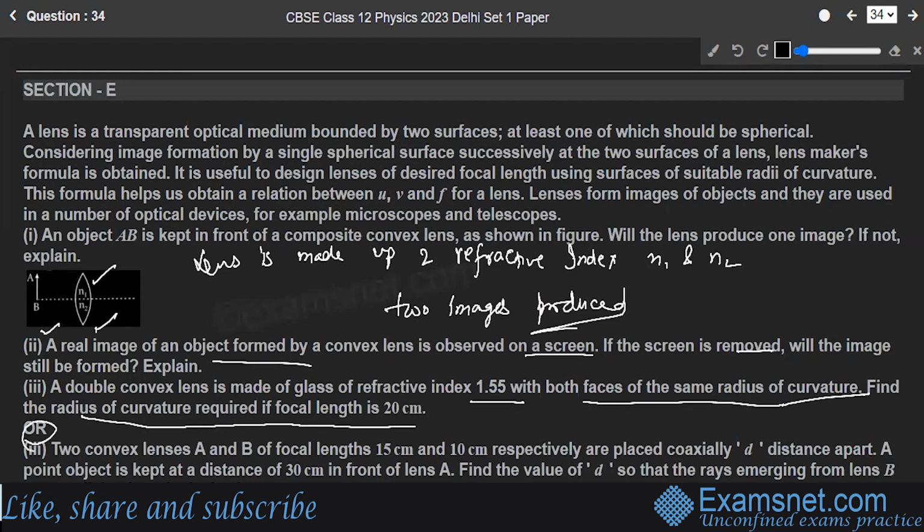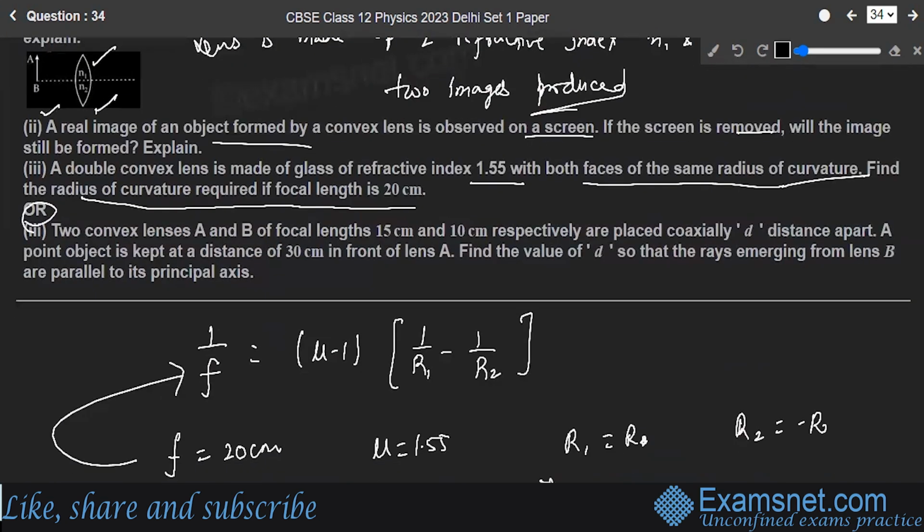Again, there is a choice in the question. It says two convex lenses A and B of focal length 15 and 10 centimeters respectively are placed coaxially D distance apart. A point object is kept at a distance of 30 centimeters in front of lens A. You have to find the value of D such that the rays emerging from lens B are parallel to its principal axis.